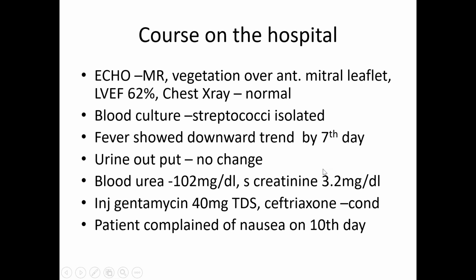But after the 7th week, the next week, when the blood urea and creatinine were measured, the serum creatinine went to 3.2 and the blood urea 102. So almost 4 times the normal. 0.8 milligram was the baseline serum creatinine value. In view of that, the gentamicin dose was reduced.